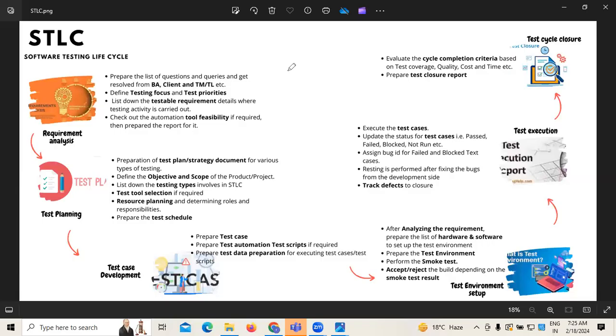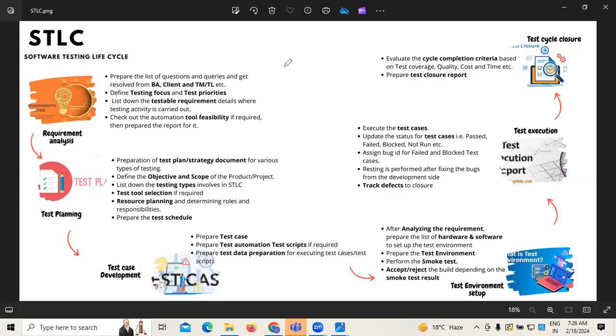Next, they need to select what kind of tool is feasible, because whichever testing tool we are going to use, we have to see what tool is feasible for us to develop this testing, right? So what kind of tool is feasible? Automation tools, because normally in testing there are two: one is manual, second is automation.